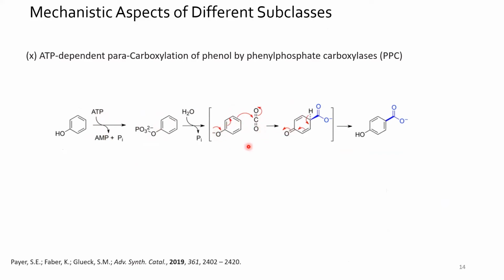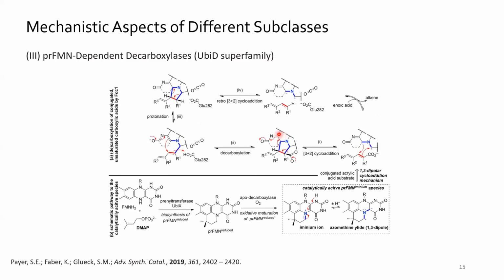But in general, these enzymes have also a quite narrow substrate scope. So there is an alternative actually, which is this very interesting group. It's the prenylated FMN-dependent decarboxylases I mentioned before, which is also called the UbiD superfamily.